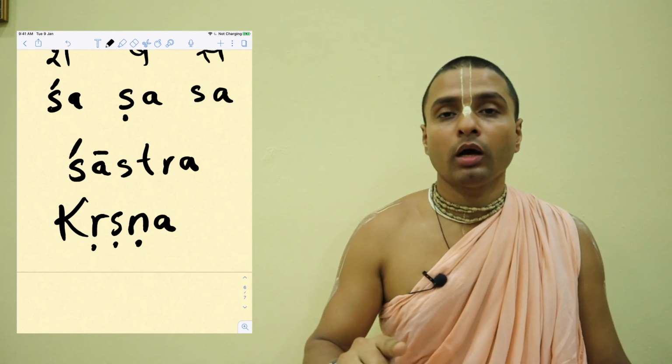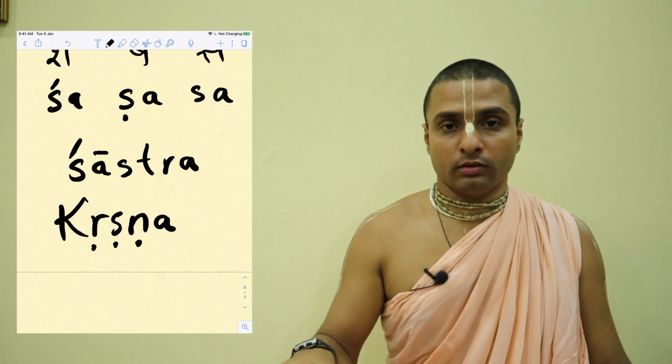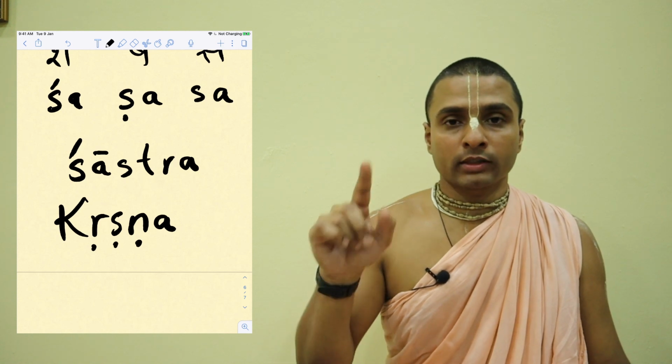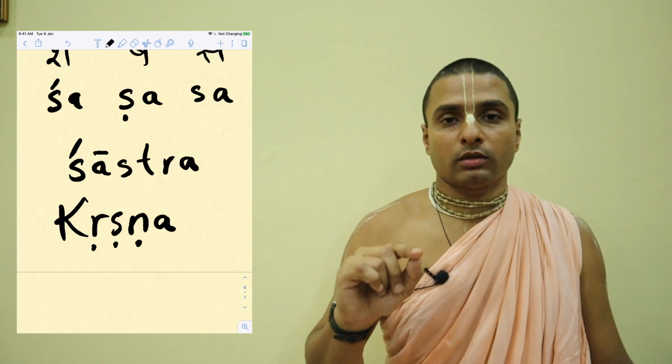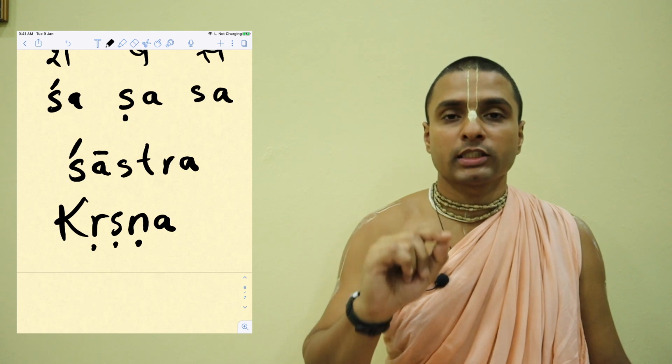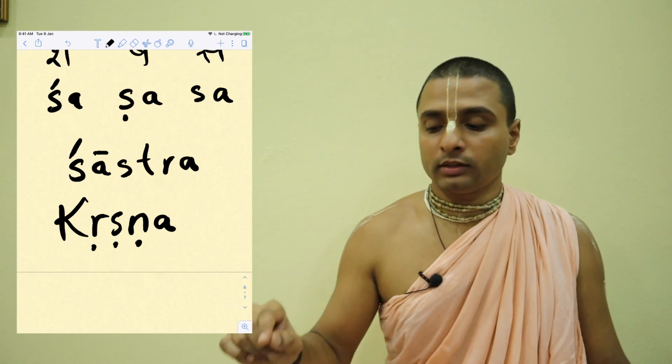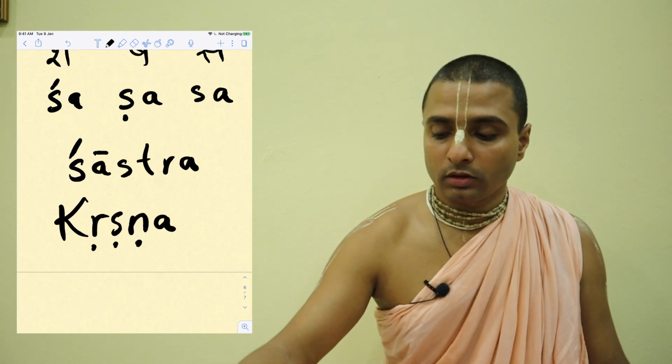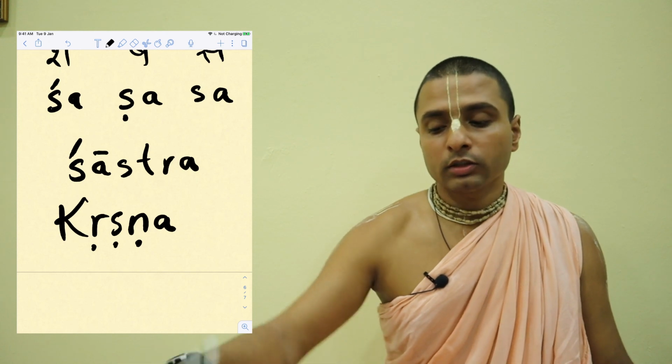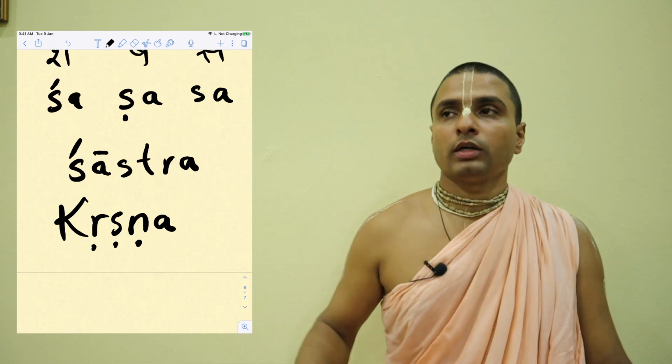So sha, then S with nothing, s. So shas, shastra, tra. T is the dental one, and ra and a. So shastra. It's not sastra.